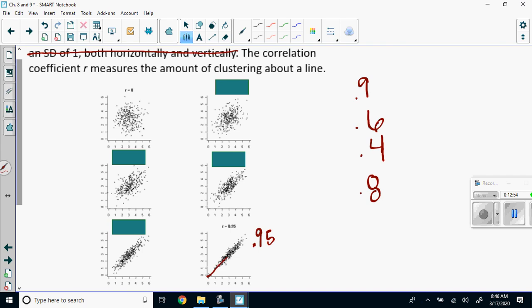And if I draw a line following that trend, you can see the dots are really close to that line. Versus 0, there is no correlation there at all. So this one that I'm writing on is no correlation. This one is very strong. And then the rest of these, we just need to line up their correlation with their clustering, how weak or strong the clustering is. So take 20 seconds and assign each one what you think it is, and then we'll double check.